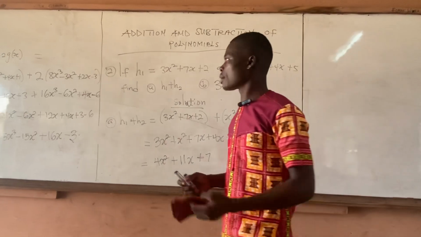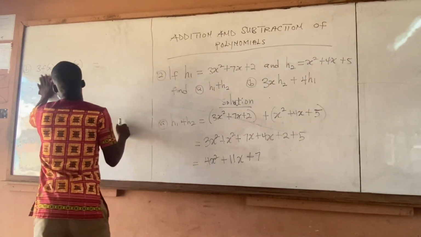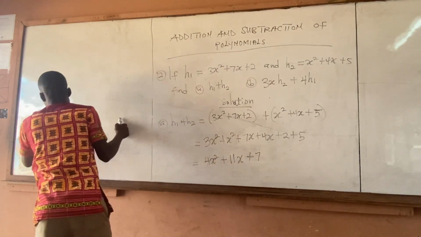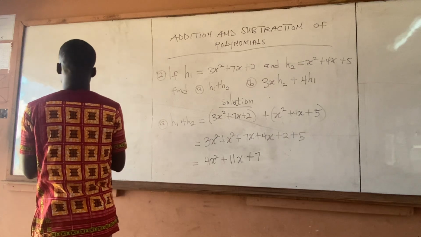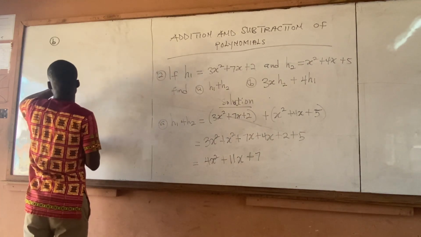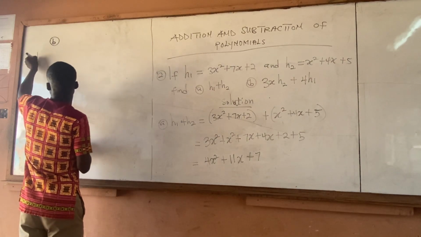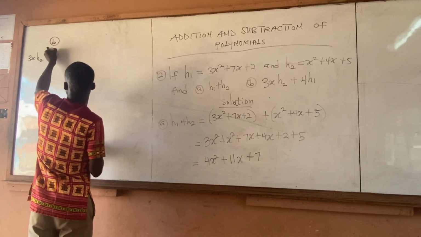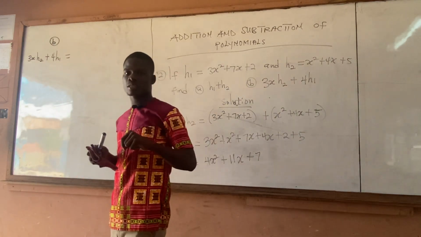Now let's solve the second part of the problem. That's the B. We have to find 3x times h2 plus 4 times h1.